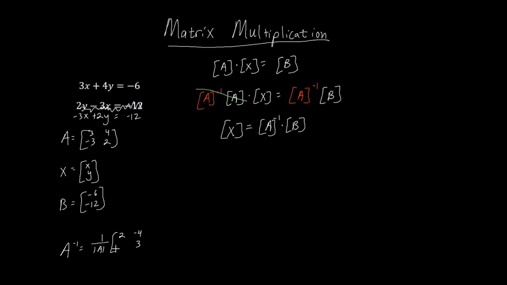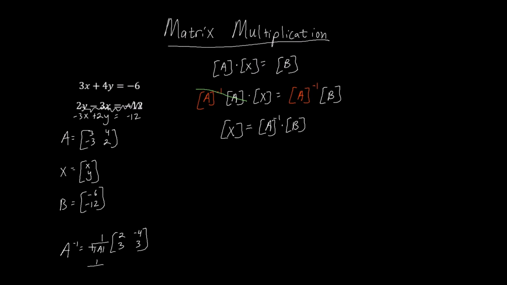So negative 4 and positive 3. The determinant of A is by doing top left and bottom right multiplied together minus top right and bottom left multiplied together. So left to right minus right to left. If you need a review of that, go ahead and go back and watch one of those videos.